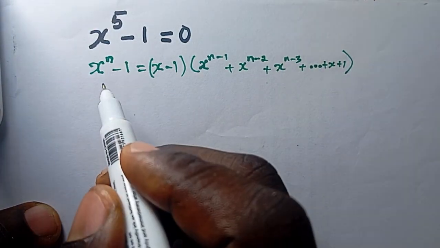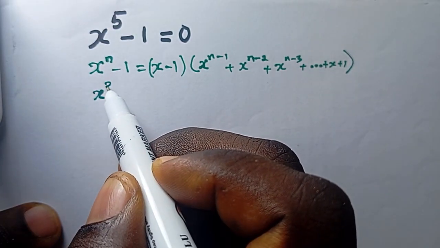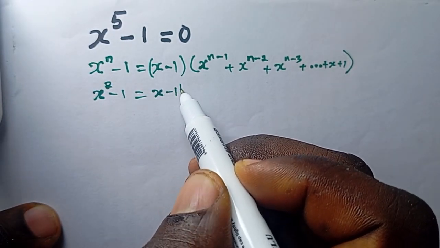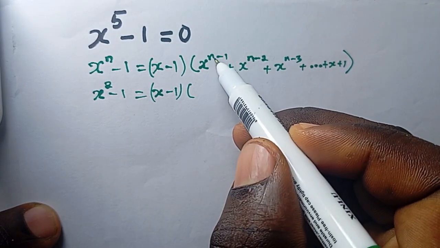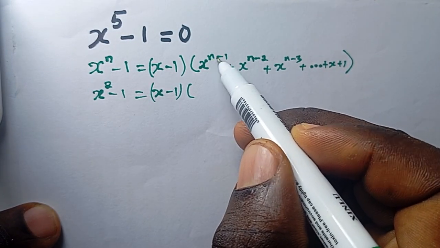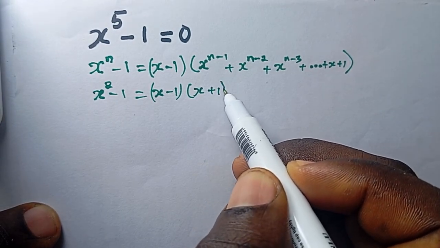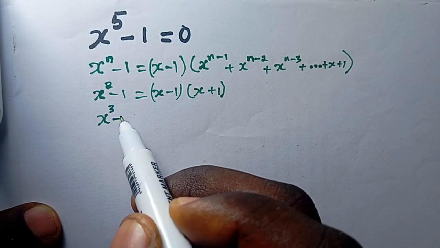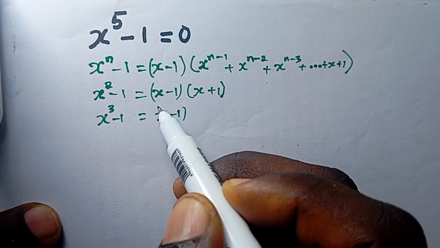Now using this expansion, if n is equal to 2, what you're going to be having is just x minus 1. And then, of course, when you put 2 here, this is actually going to be 2 minus 1, which is just x. And then plus 1. And if your n is equal to 3, you still have x minus 1.